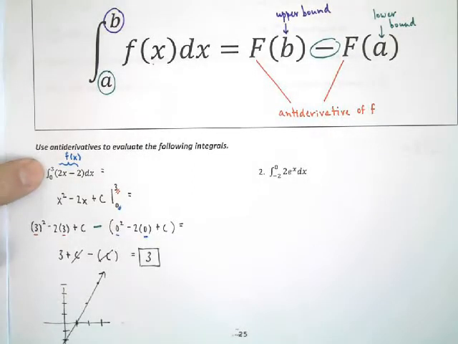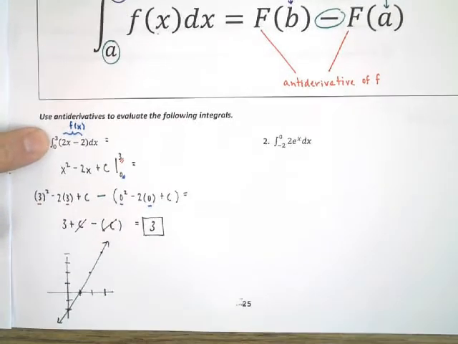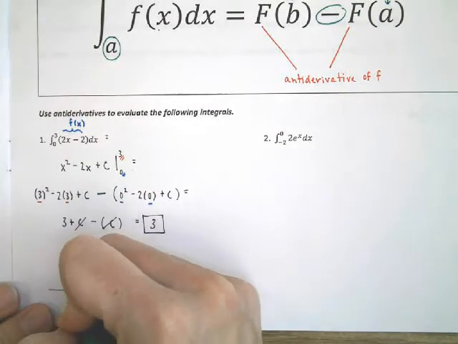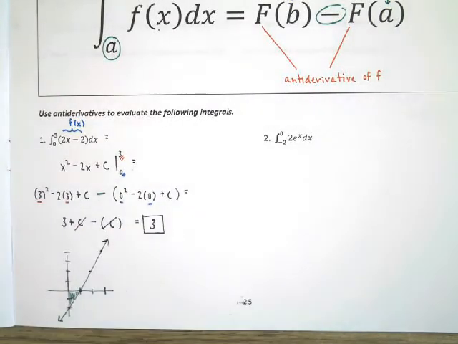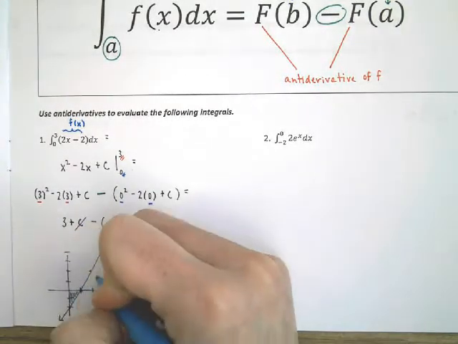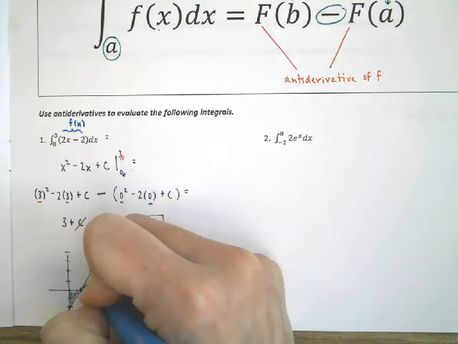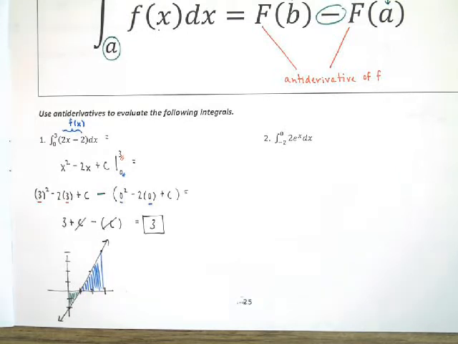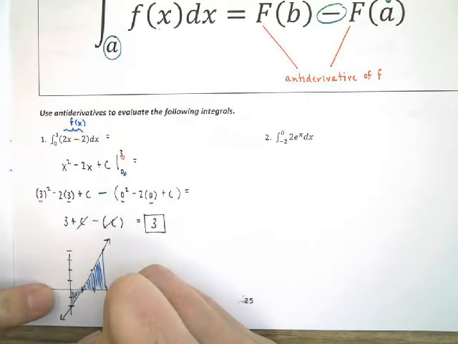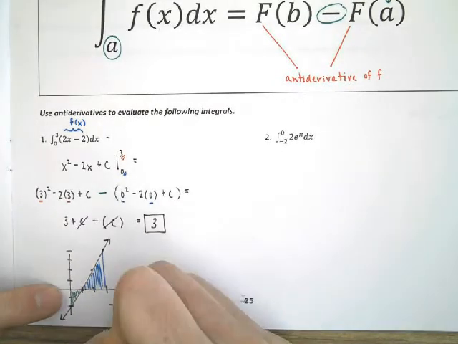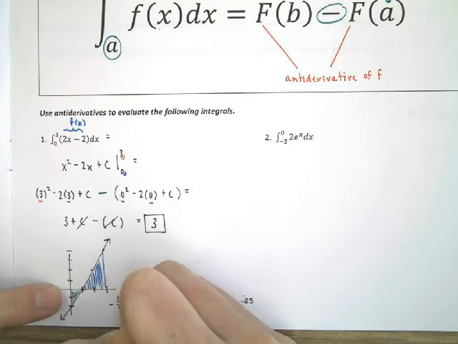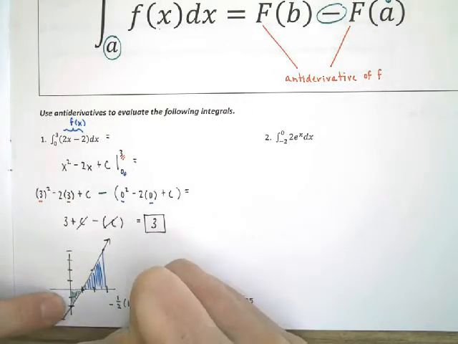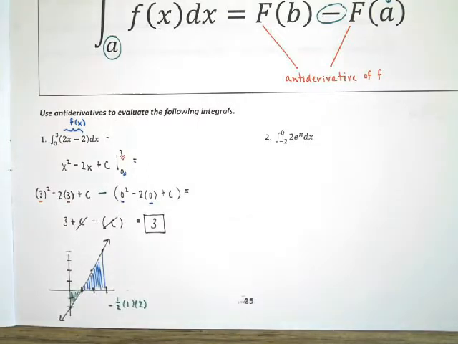So if I'm evaluating from 0 to 3, I have this portion which is below the x-axis. We know that's negative. And then I have the portion that's above the x-axis here, which is going to be positive. So I have a negative area here. I've got a triangle. It looks like the base is 1, so 1/2 times 1, the height of that triangle is 2.